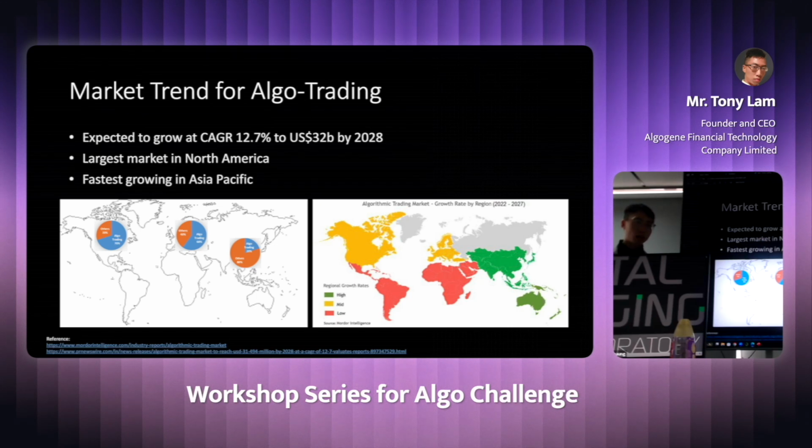But maybe back 10 or 20 years ago, we only had access to market data, so what we could work with was basically technical analysis or fundamental analysis. And nowadays we can explore more kinds of trading strategy like sentiment analysis, NLP, machine learning, etc.